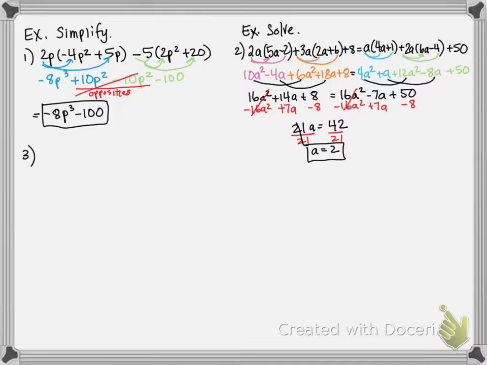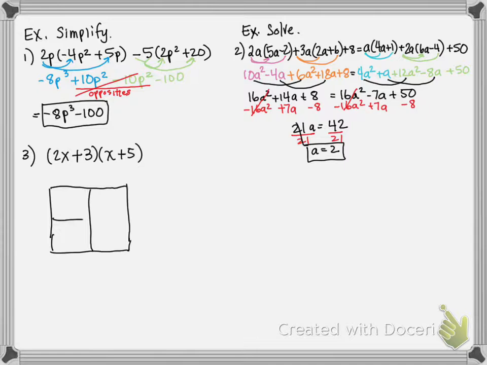So we're going to do a binomial times a binomial, like we did in the illustration of the methods. So we have 2 terms by 2 terms, so we're going to create a 2 by 2 box. Doesn't matter who goes where, but we have one term including signs above each of the boxes and to the left of the boxes. And then we just do the math.